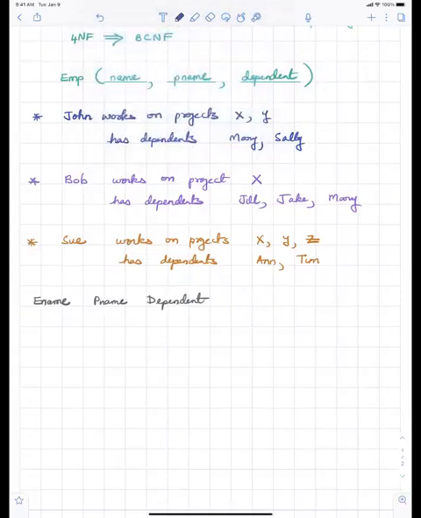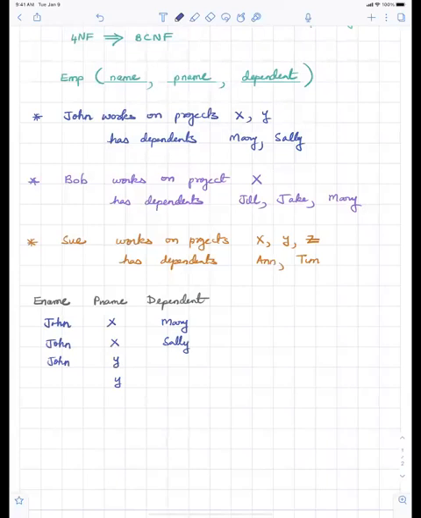And so we have John, and he works on project X, and he has dependents Mary and Sally. John also works on project Y, and that doesn't change his dependents.